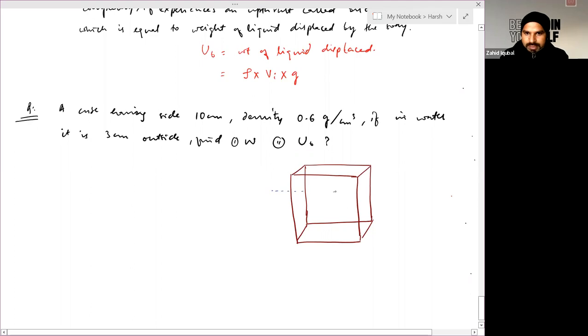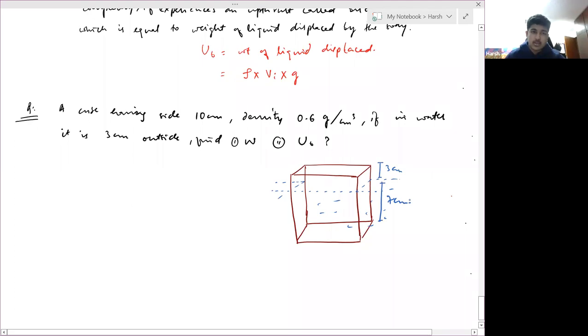So this will be the layer of liquid up to this part, and the rest 7 centimeter is inside. Is it clear? Yes, sir. Then try to find these two terms according to this.